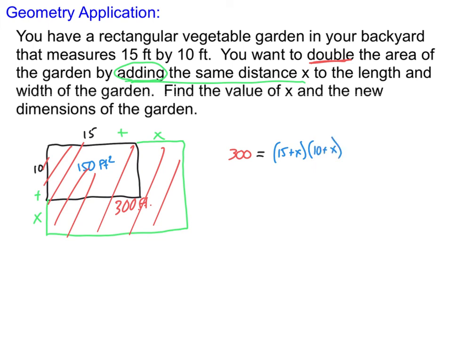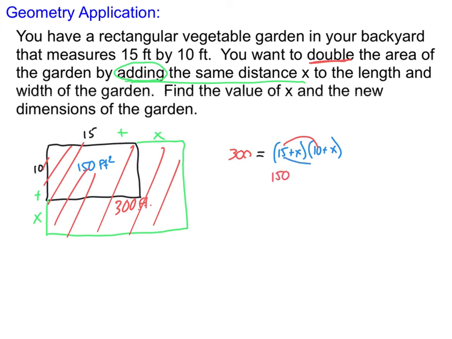Now I have an equation. Now, once I have my equation, the way I would solve it is I need to set it equal to 0. Well, to get it equal to 0, I got to subtract the 300 over. But right now, I can't subtract the 300 and add it to anything over here. So really what I have to do is FOIL this one over here. So remember our FOIL steps. I do 15 times 10, that would be 150.